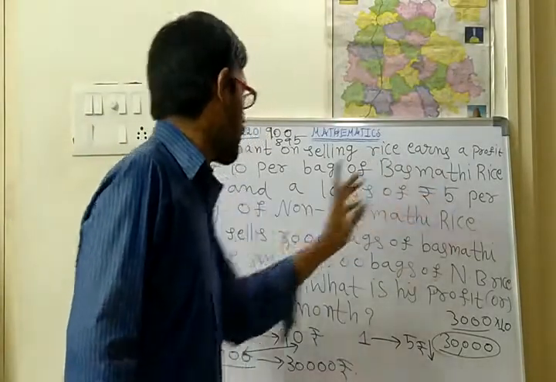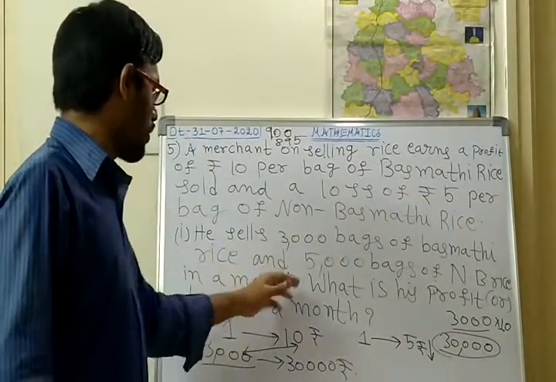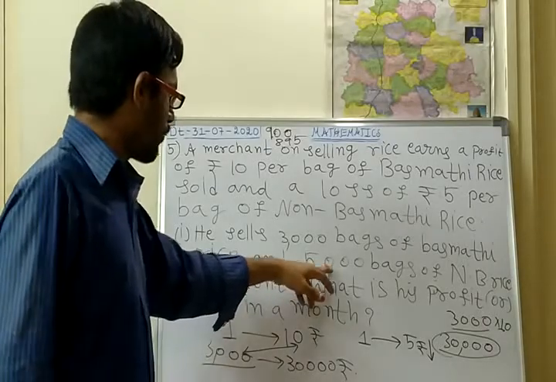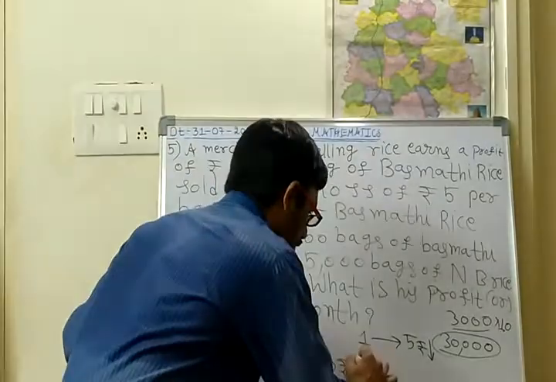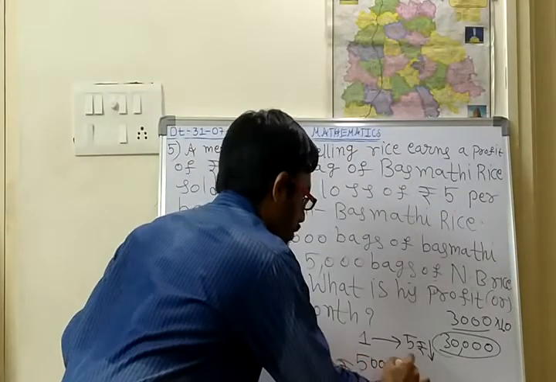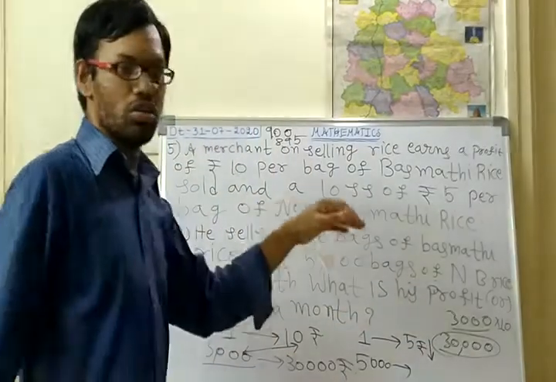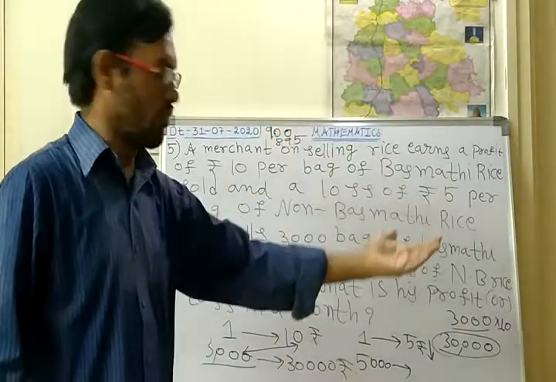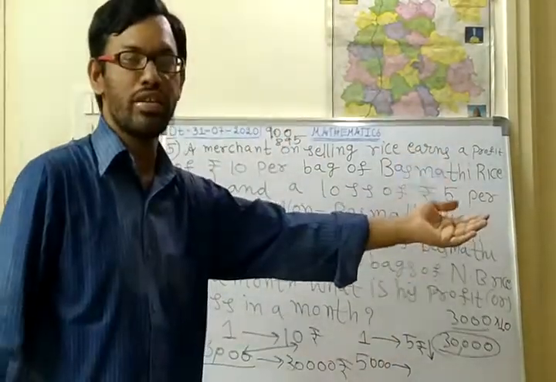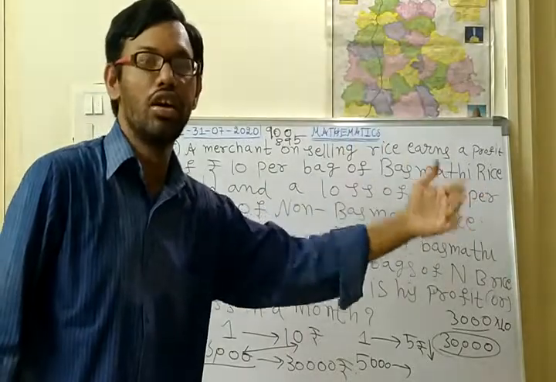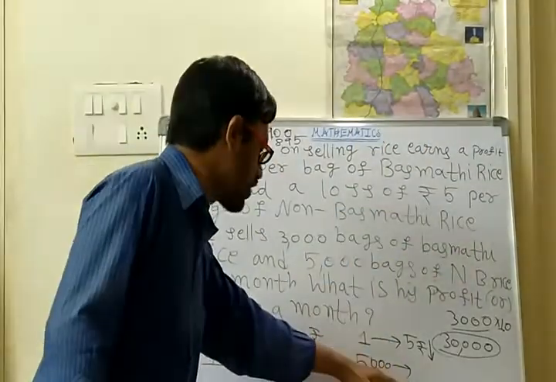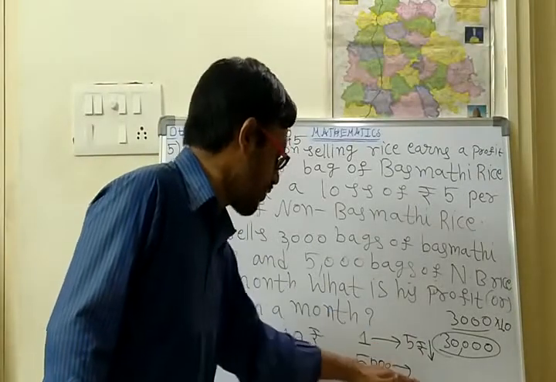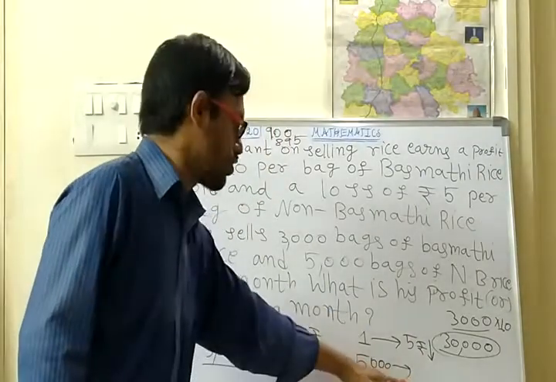So how many bags did he sell? 5000 bags of non-basmati rice. Sold means ammatam, he gave the bags to others for money.